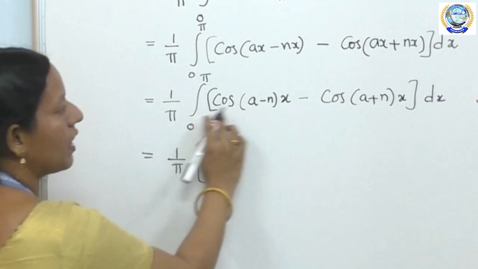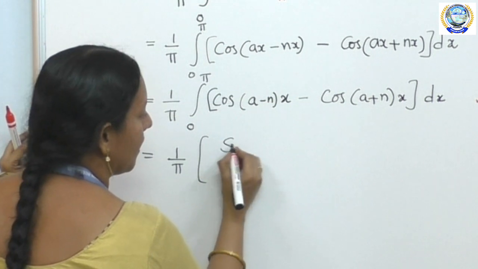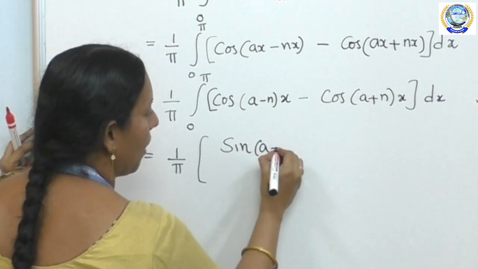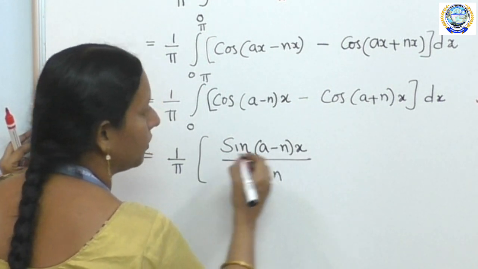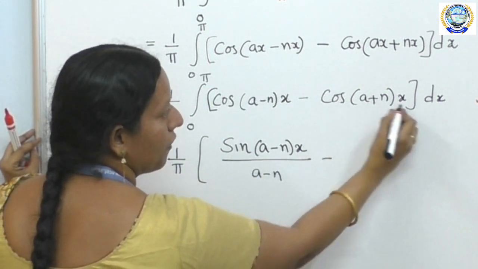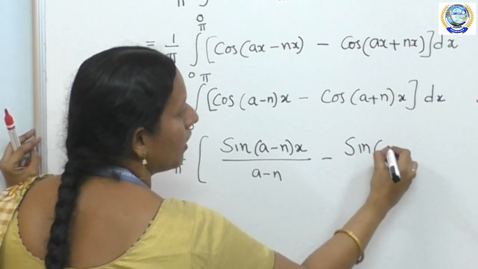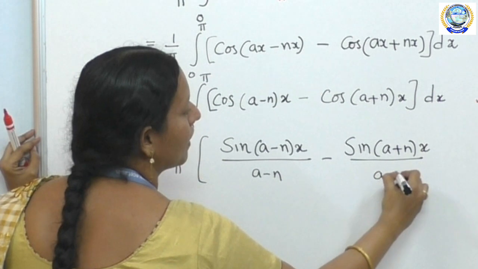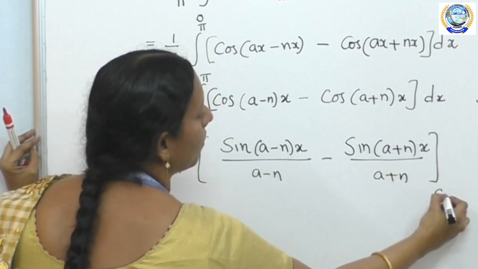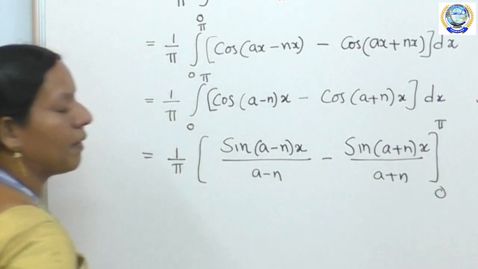Sine. So, this value will be written as sine (a minus n) into x by (a minus n) minus, for this, sine (a plus n) into x by (a plus n), over the limits 0 to pi.